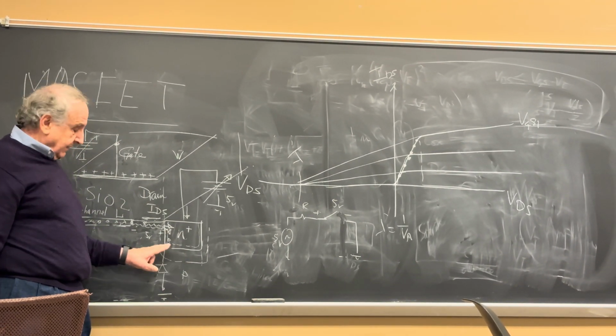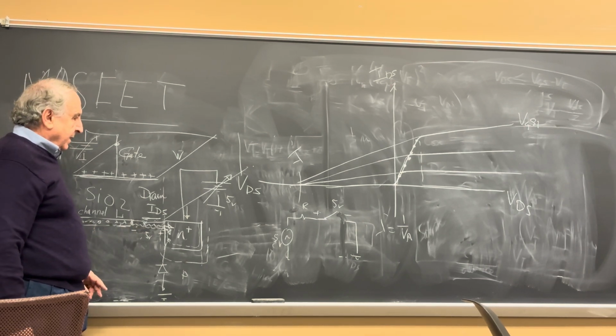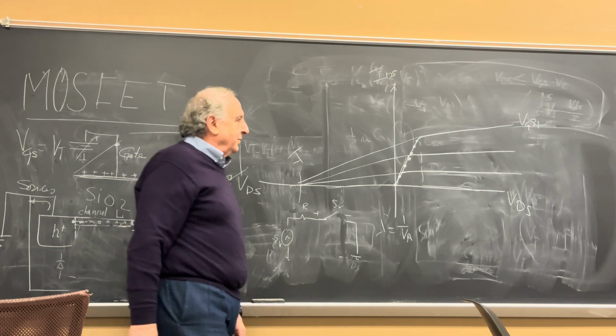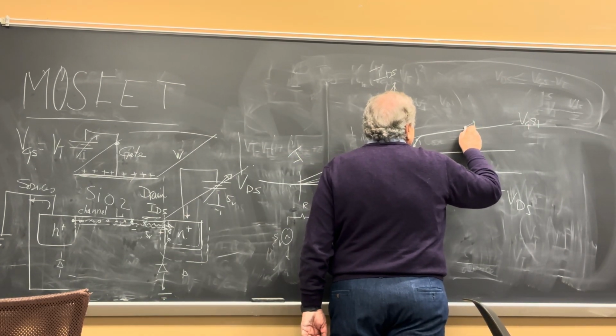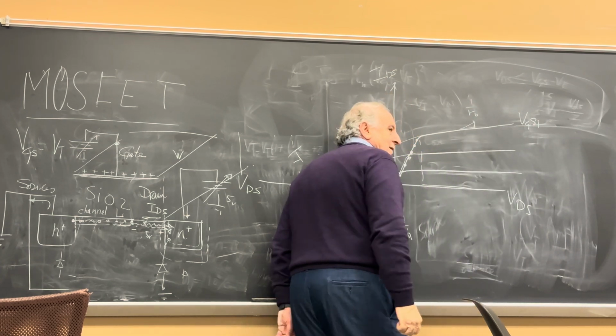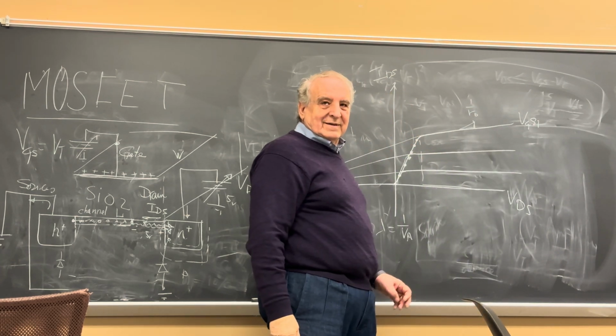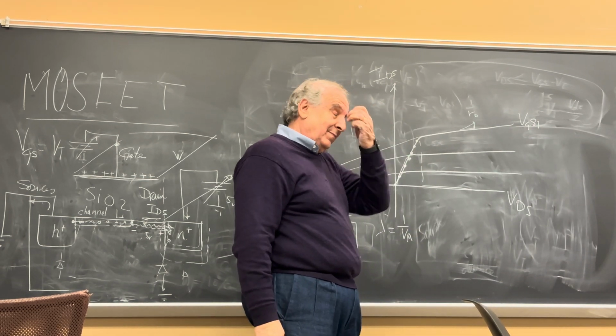Right there. Pushes here. All right, so this is VA. What's the slope of this? It's 1 over R out, right? Yeah. The slope of that line is 1 over R out.